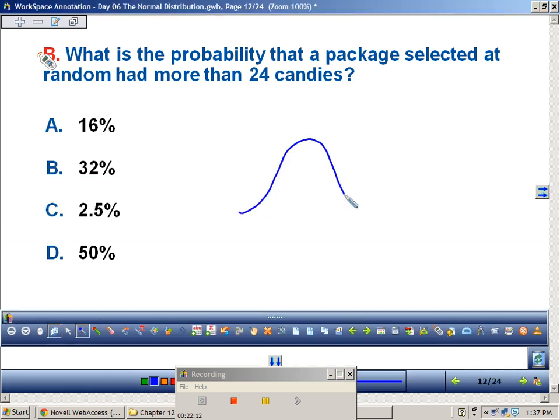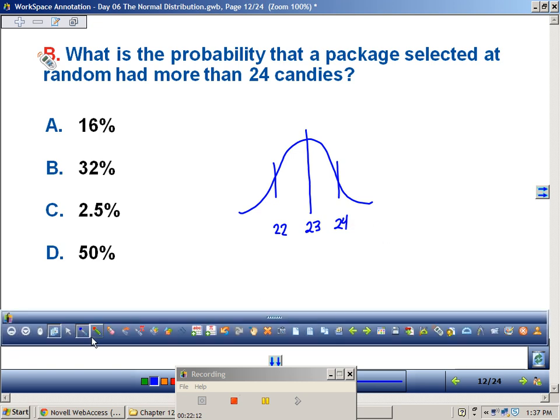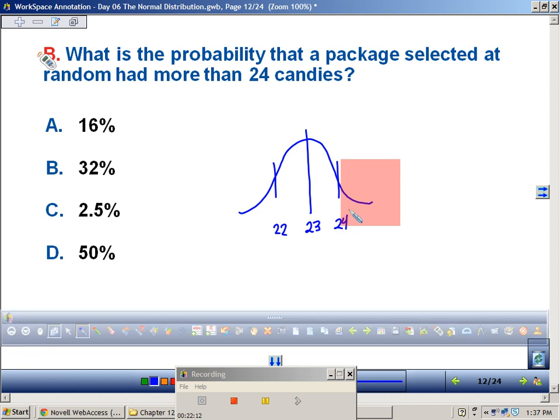All right, guys. What's your mean? 23. So this would be 24 and 22. What percentage is that? So why did you guys have such a hard time on that one?